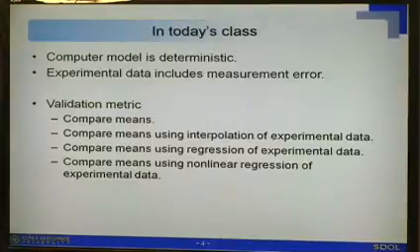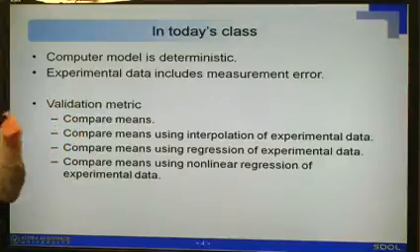Under this condition, at first I started with the comparison of means between the two, the one from the model, the other from the experiments. The first case was about the results at a single point. So the validation metric was made based on a single point, one from the model, the other from the experiment.